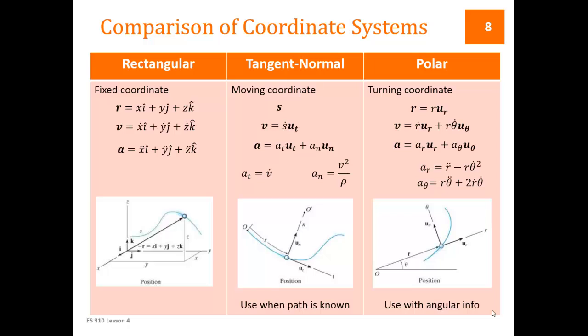Here, the r, or the position coordinate, is always only going to have one component, and the velocity and the acceleration are going to have 2 each. So this one is typically used when you know angular information. So you know that something is rotating at a certain angular speed, theta dot, or angular acceleration, theta double dot.